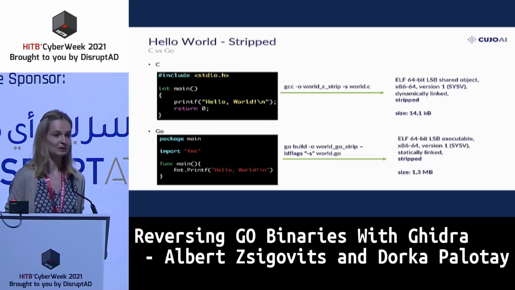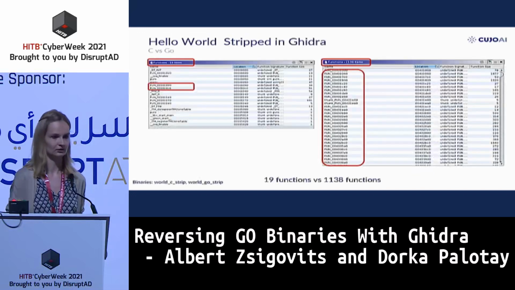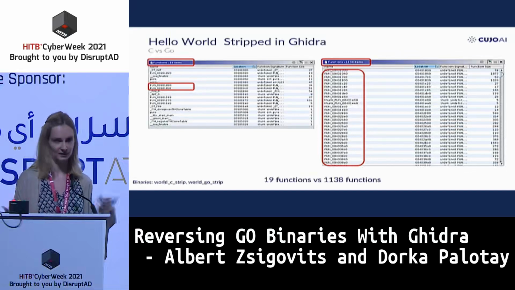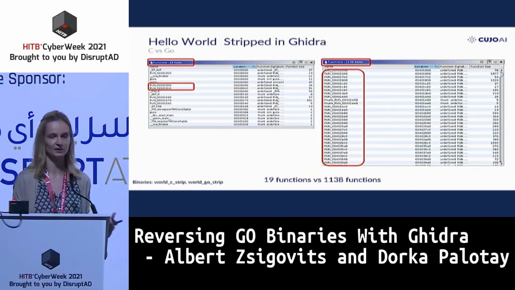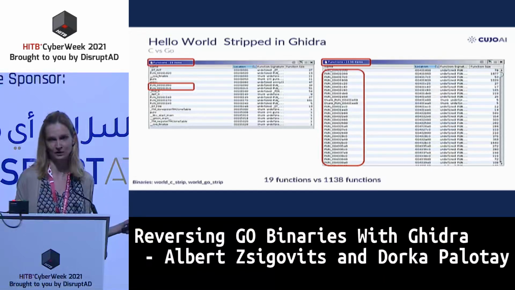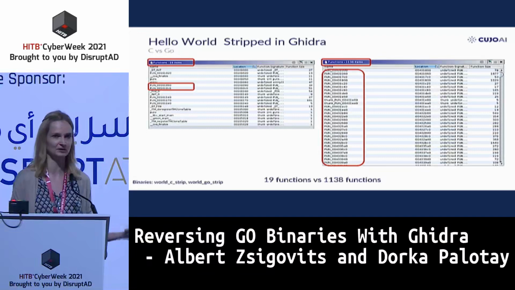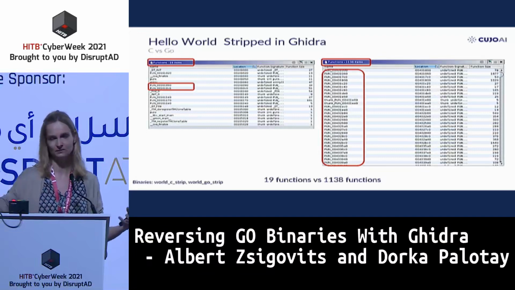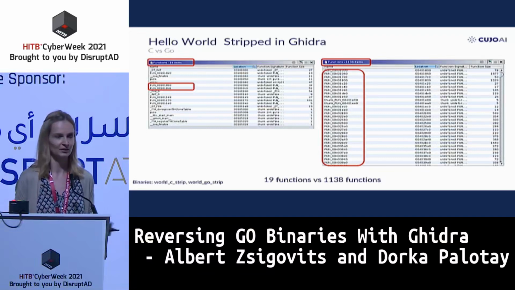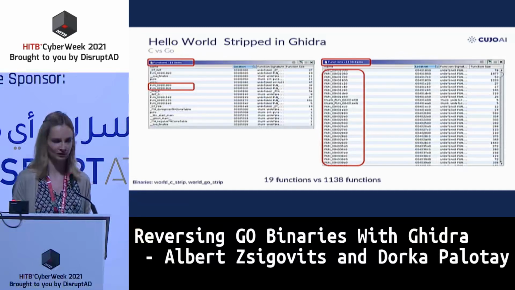If we look at the functions again, now we still have more than 1,100 functions, and we don't have the function names. So we can see that there are over 1,000 functions, all with just numbers, and now let's try to find out what's going on here.